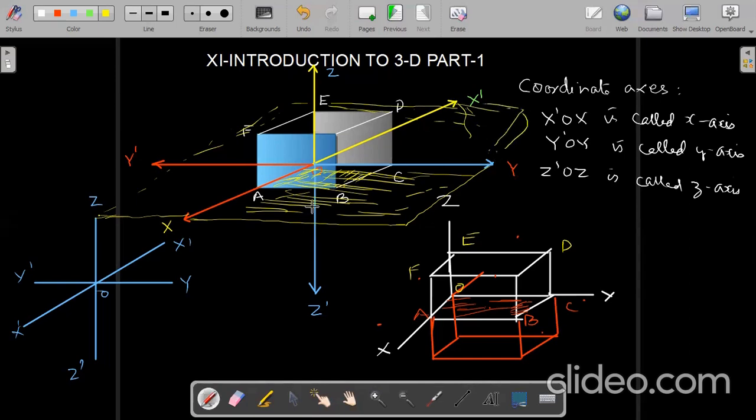So this is one plane. This will be the whole XY plane, YZ and ZX. Means three planes. They are called coordinate planes.